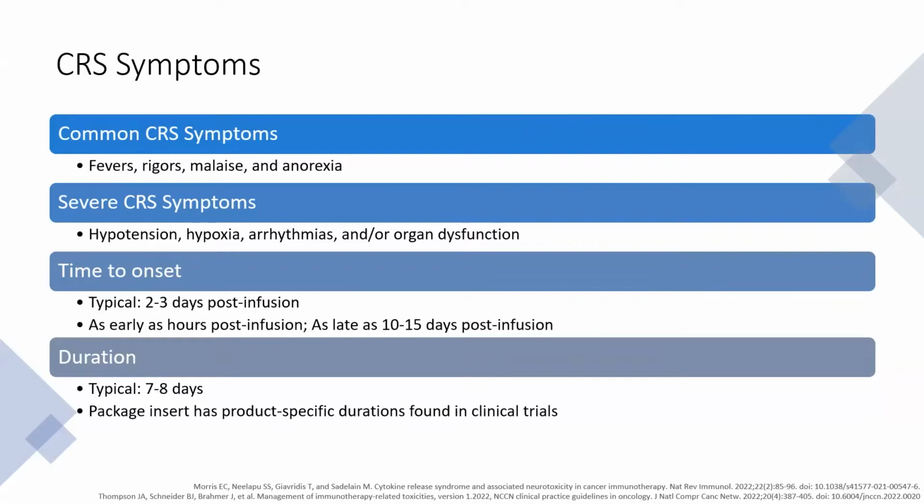The typical time to onset is 2 to 3 days post-infusion, but can occur as early as hours post-infusion and as late as 10 to 15 days post-infusion. And the typical duration is 7 to 8 days. But if you're interested, you can find in the package insert the specific durations that they found in the clinical trials.